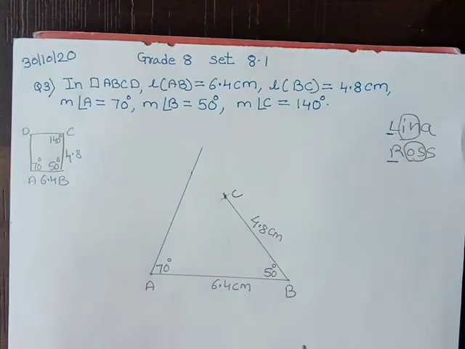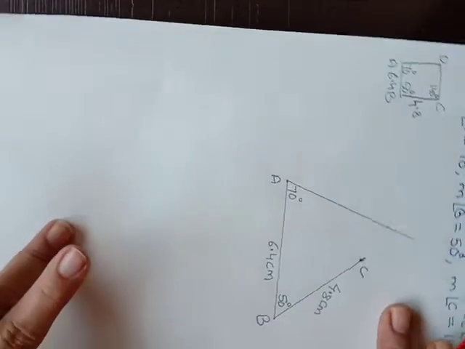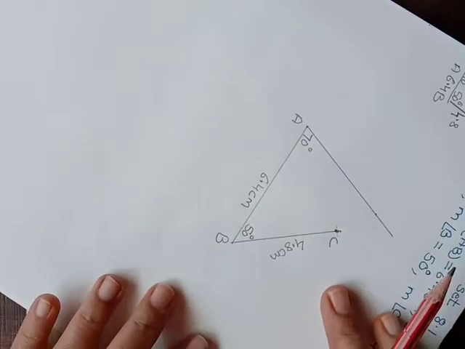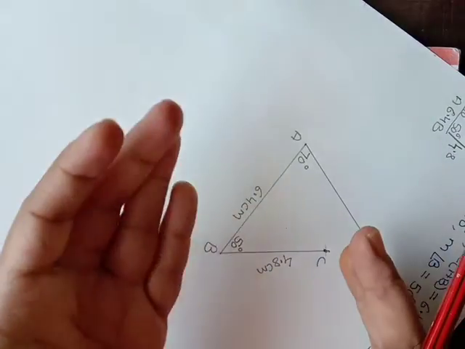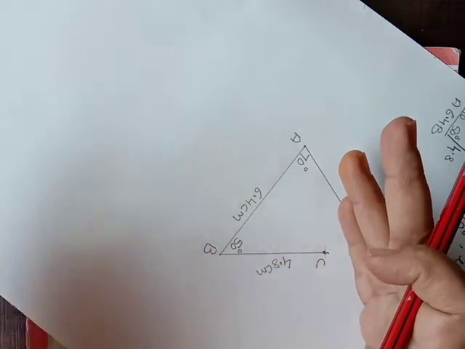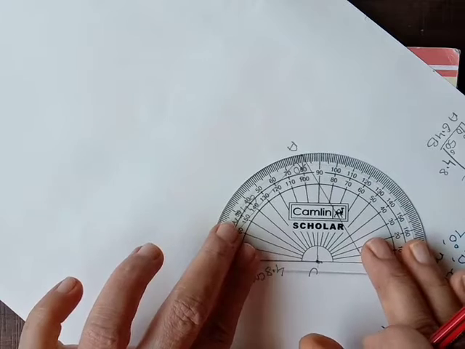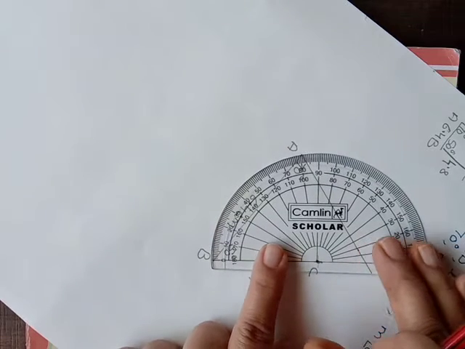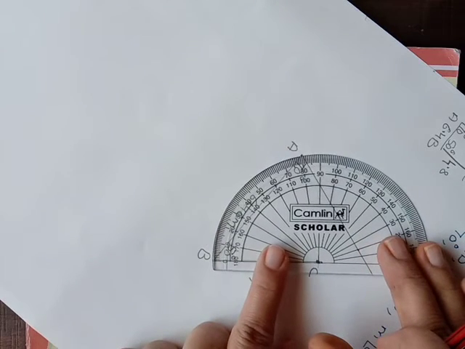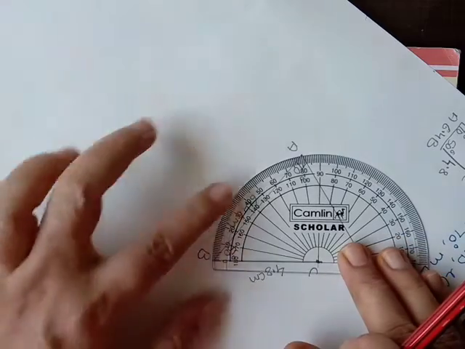140 degrees. Now you make this as a base. Are you understanding me? Then only it will be easy for you. Again you have left hand side and right hand side. Where are you putting your protractor? On your right hand side. So if it is right hand side, which scale are you going to use? Put it exactly.